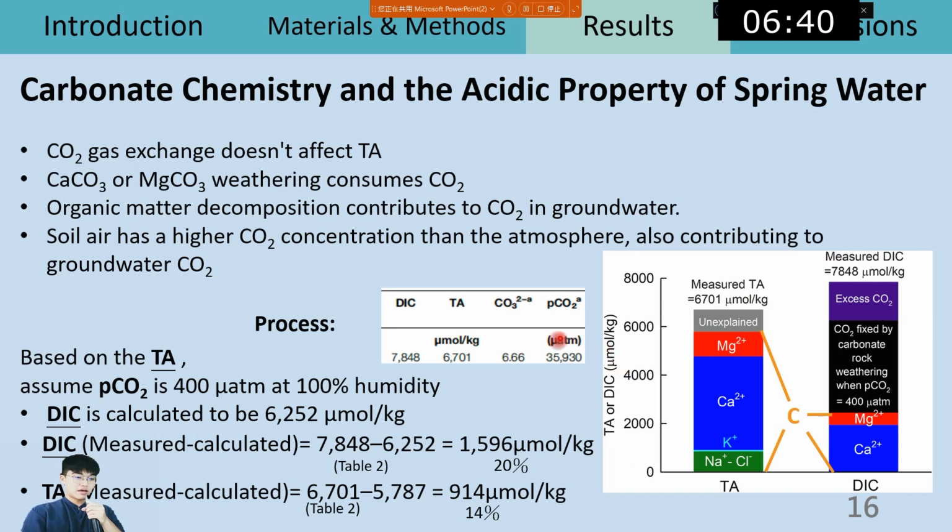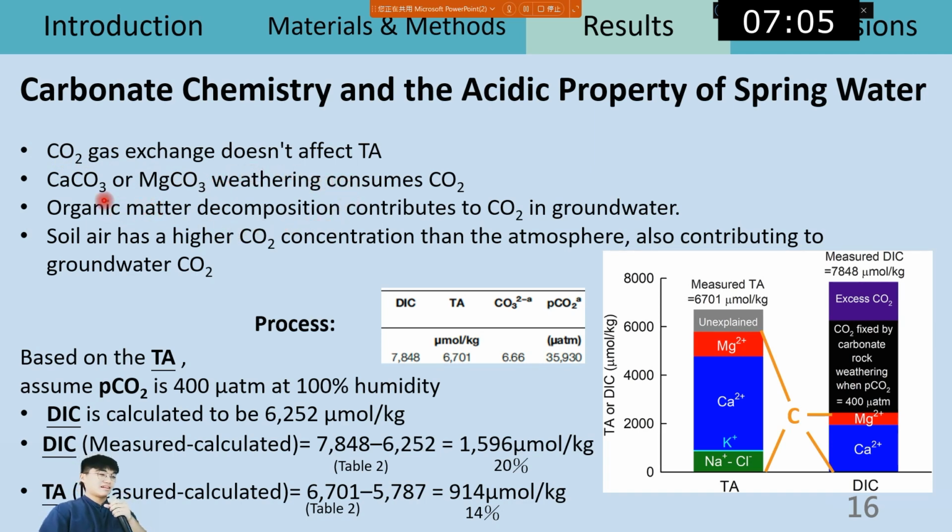But the atmosphere is 400 micro ATM. So he did some calculation to assume PCO2 is 400 micro ATM, the same as the atmosphere, and gets this data. And the first is CO2 gas exchange won't affect TA.